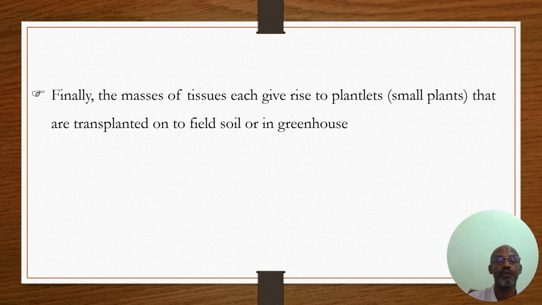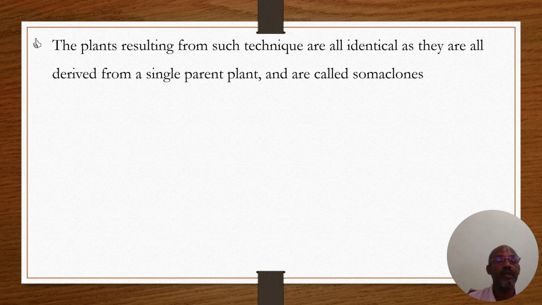Plantlets are small plants. The plants resulting from each technique are all identical, as they are all derived from a single parent plant, and they are known as somaclones. Somaclones are those plantlets obtained from that sample tissue. They are all the same because they are asexual. Plant tissue culture is asexual.